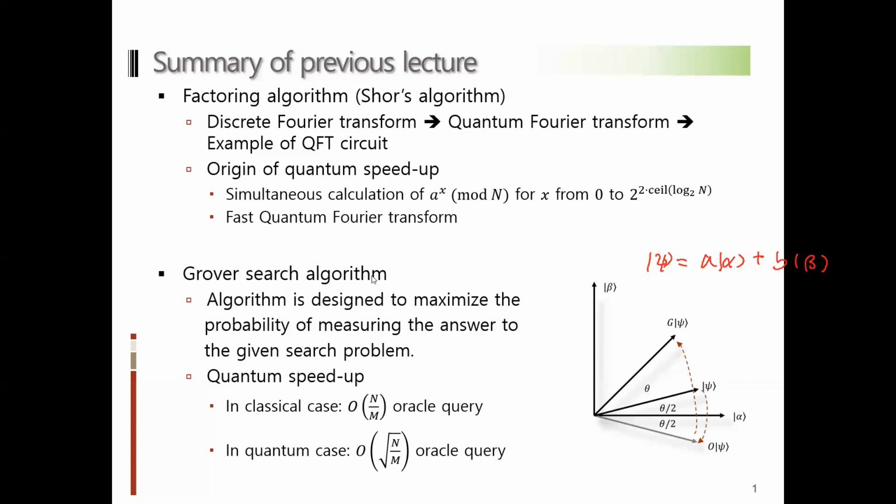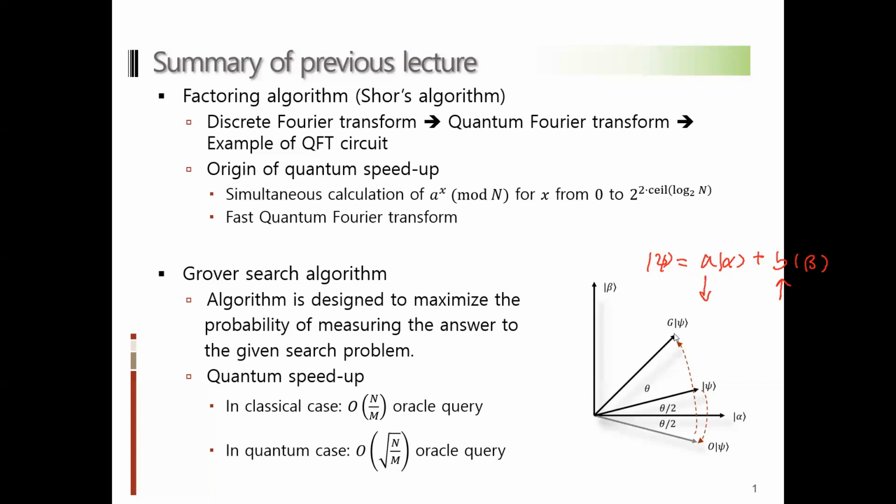What we do in the Grover search is reduce the amplitude of this A, and we want to minimize this value and maximize this value. This minimization, or reducing, and increasing this value corresponds to constructive interference, and this corresponds to destructive interference.